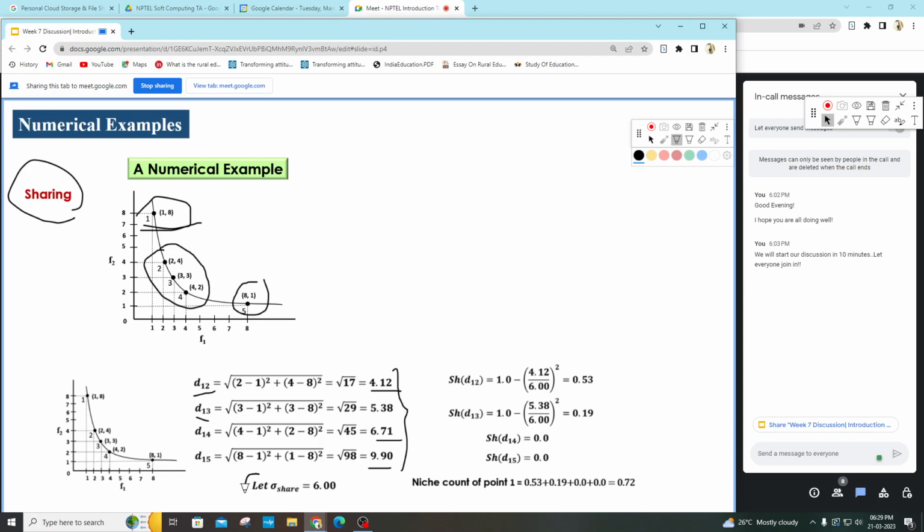We have to take one sharing parameter. If no sigma share is given, you can assume your sigma share, otherwise it is given in the question. Here we have assumed sigma share as 6. When the sigma share is less than the Euclidean distance, the sharing function will be 0 by this formula.